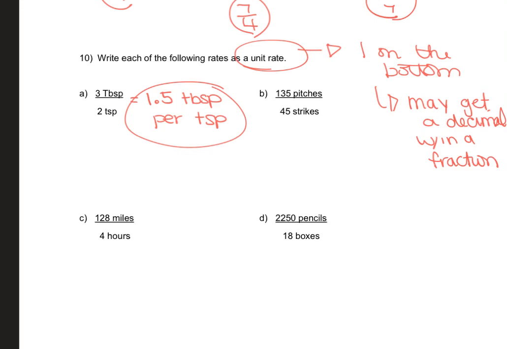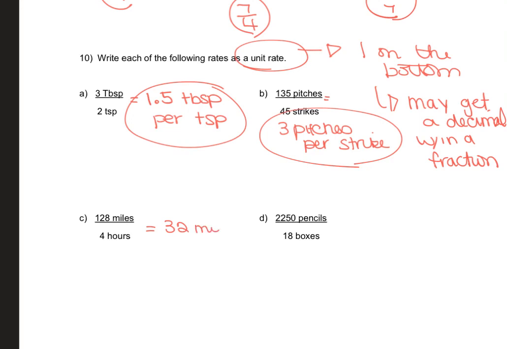All right, the next one, 135 pitches per 45 strikes. We're going to divide that out and we get 3. So 3 pitches per strike. 128 divided by 4, we get 32 miles per hour.